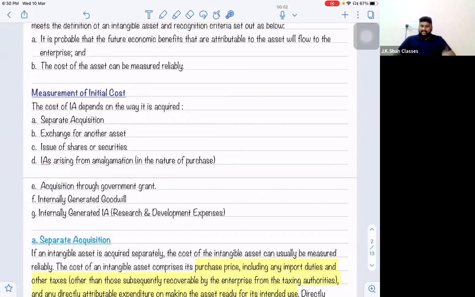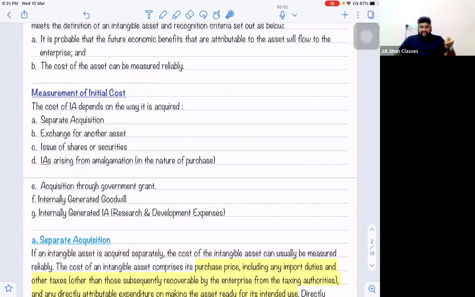Sir, AS12 repeat. If an intangible asset is acquired in the form of a government grant, then point number 1, it can either be for free. If it is for free, record at nominal value. If it is received at concessional rate, record the intangible asset at the concessional cost.